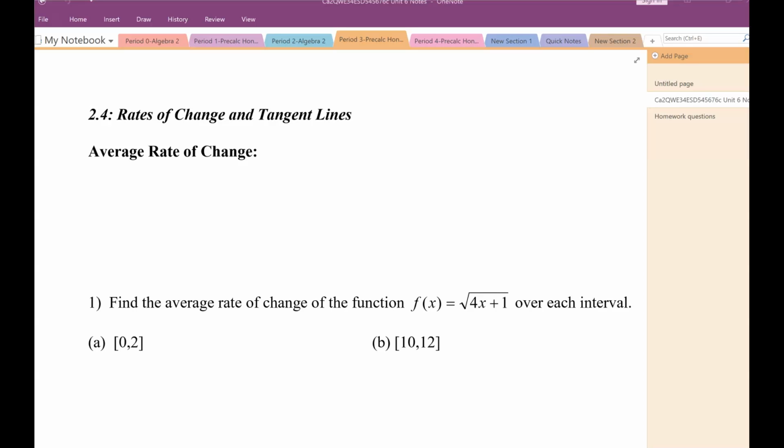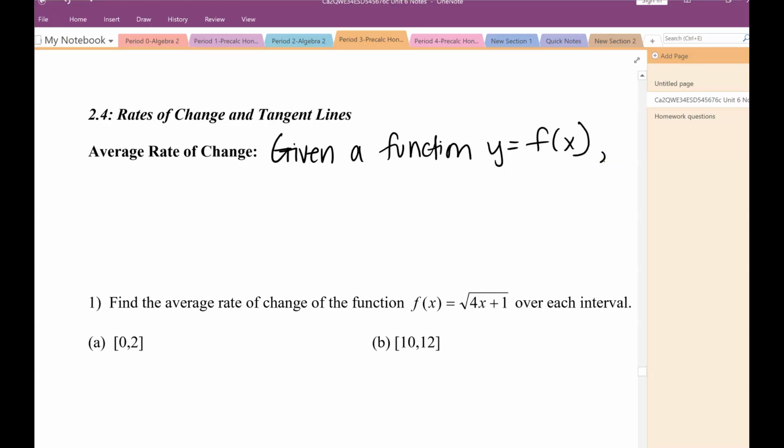So average rate of change, given a function, y equals f of x. Given any random function, y equals f of x, the average rate of change is delta y divided by delta x.